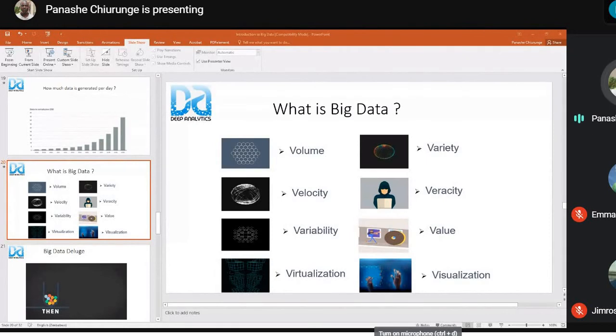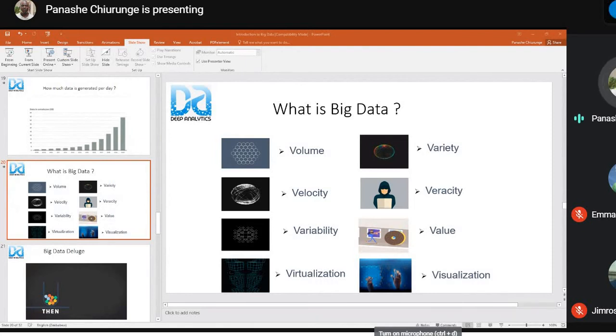It's hosted in the cloud, so it means it's virtualized. And then you need some kind of compute capability to be able to download that data.